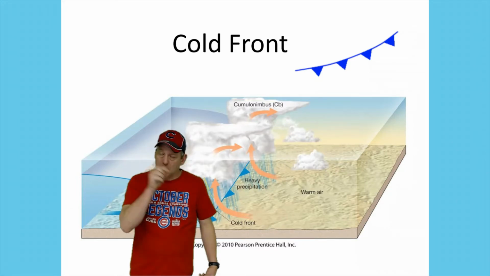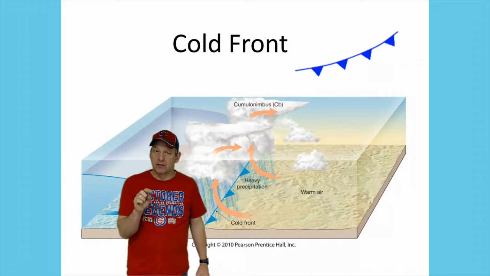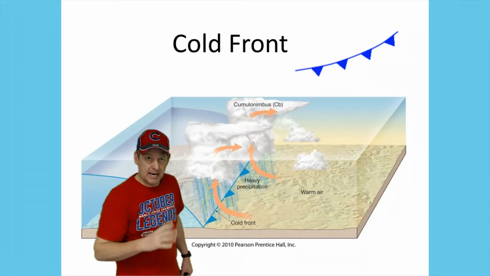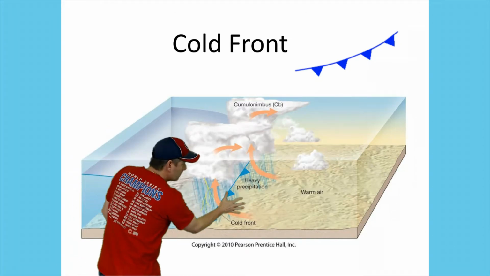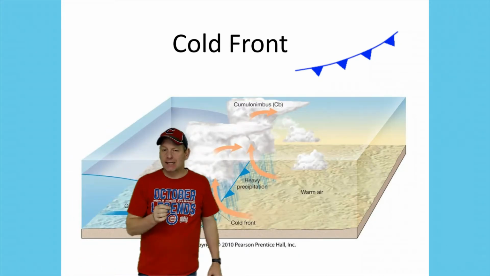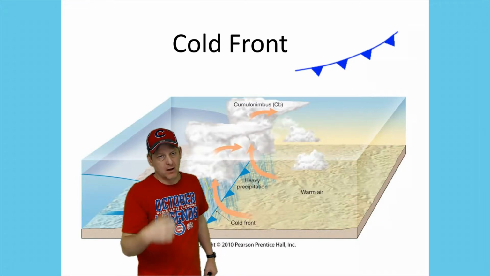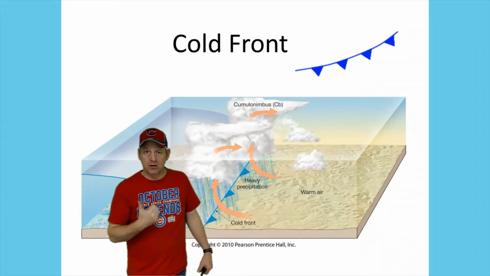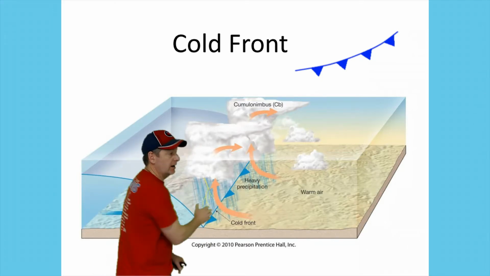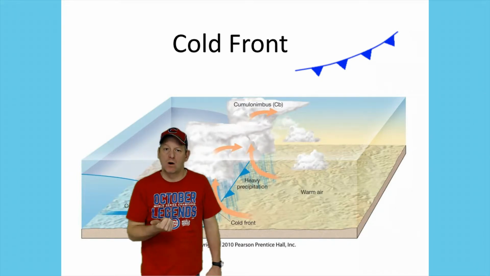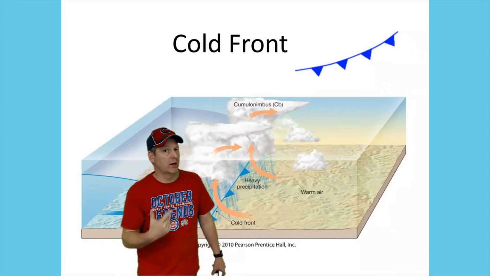Okay, now let's go back and take a reminder of some of the things we've learned in the past, especially in class. If I have warm air here, you know warm air has the ability to hold more moisture. Cold air doesn't have the ability to hold a lot of water. So if I have warm air here, chances are it probably has some water in it. More water than cold air would.